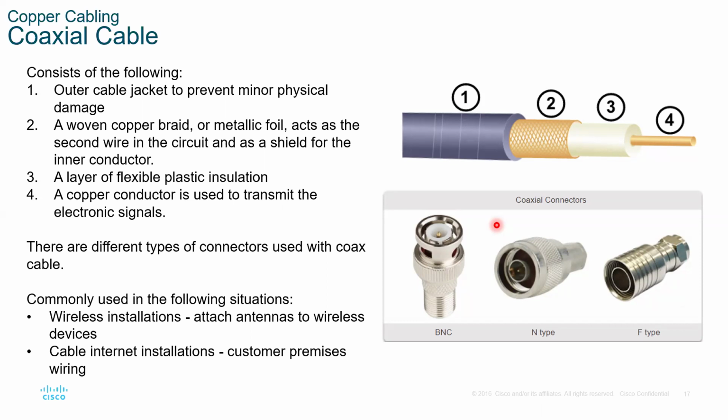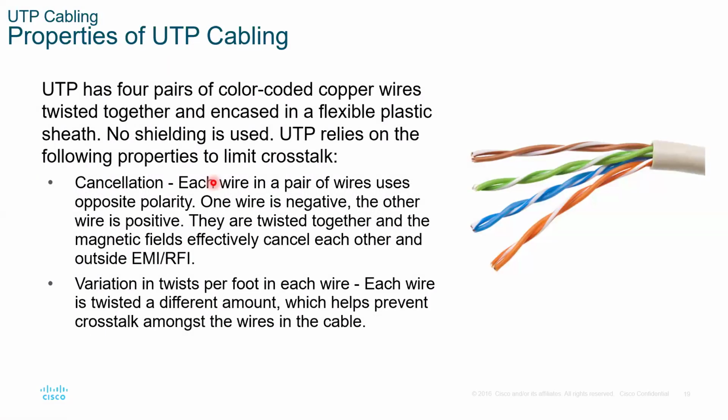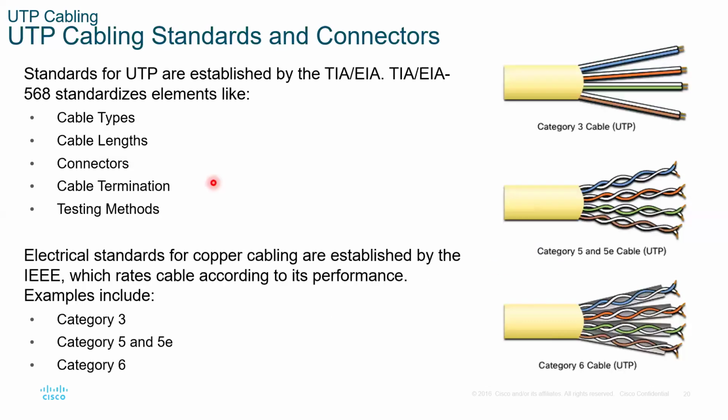I think that's why coaxial cable moved out of the market, because it's expensive and we have other options, the twisted pair instead of coaxial. I think I've gone a little deep into UTP, crosstalk.